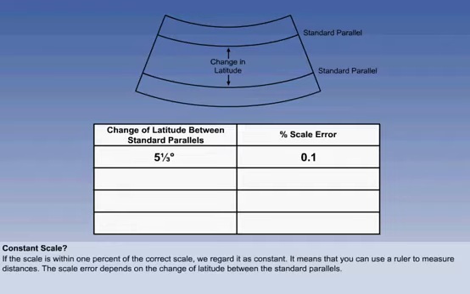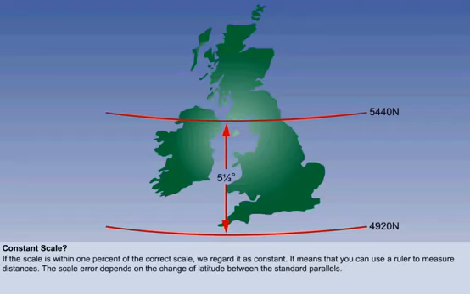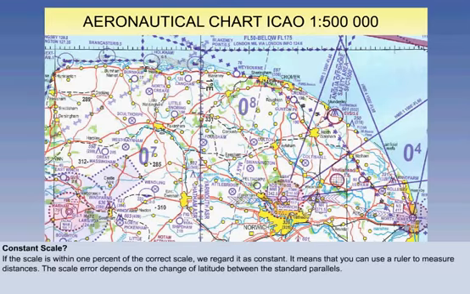Why have we chosen a figure of 5 1/3 degrees? Does it have some special significance? As a matter of fact, it does. It is the separation between the parallels of 54 degrees 40 minutes north and 49 degrees 20 minutes north. These are the ones used for the CAA UK half-million topographical series.